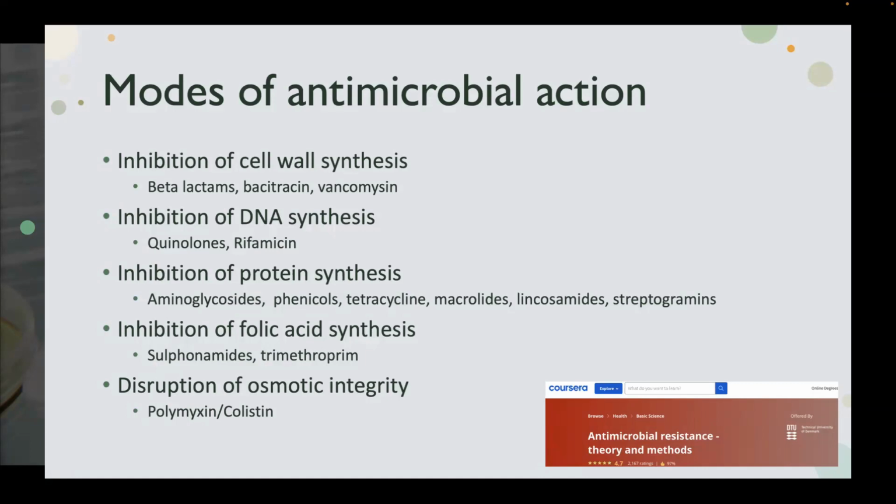If you're an antibiotic, there are different ways you can act on the organism. You can hit the cell wall, you can inhibit DNA synthesis, protein synthesis, folic acid synthesis, or osmotic integrity. Different antibiotics act in different ways.